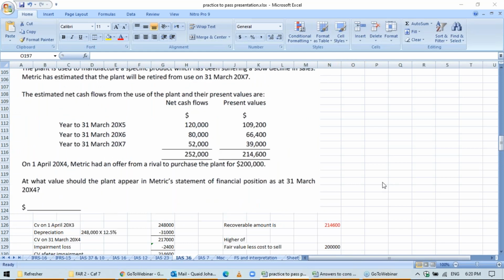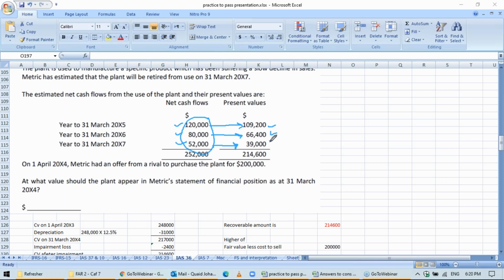The remaining life was 3 years, and what they did, they multiplied the net cash flows for the next 3 years with the present value fraction to arrive at the present value. So this is the cash flow that will occur in the future if you use the asset for the next 3 years. And the present value of these 3 ticked items is this.